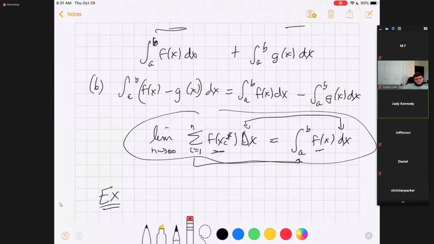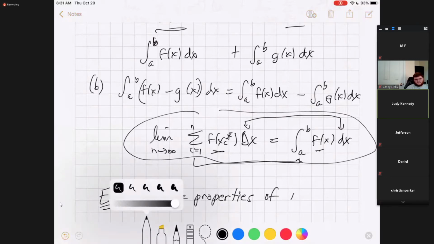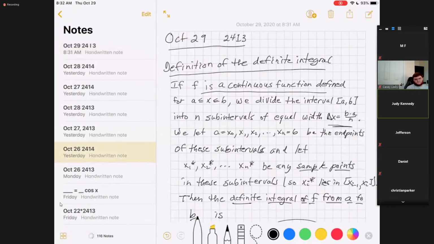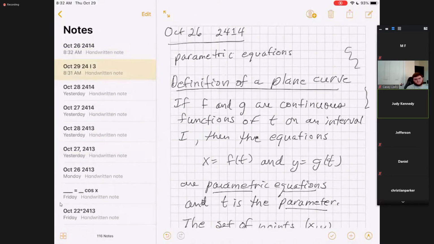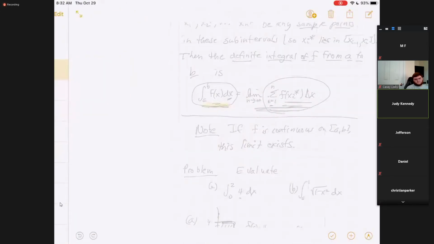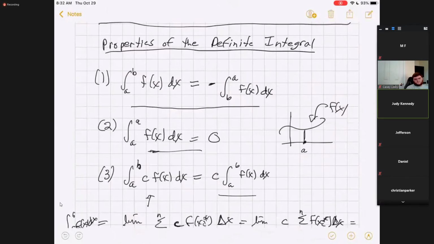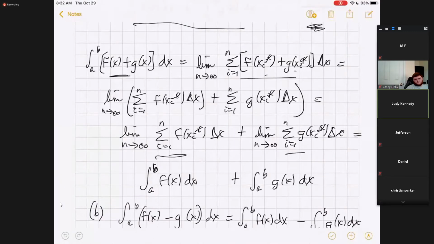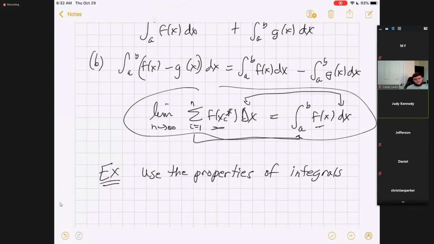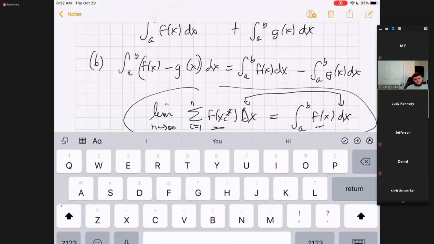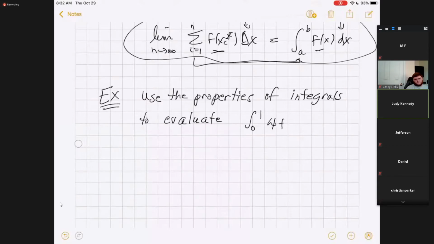Use the properties of integrals to evaluate the integral from 0 to 1 of 4 plus 3x dx. Okay, I think we can do this one.